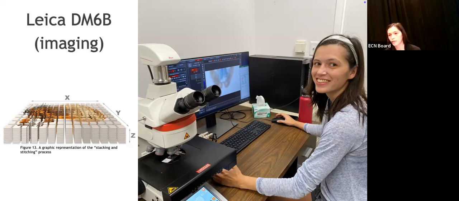And each image in the stack represents a specific focal plane of the specimen. I think the diagram to the left depicts this process really well, actually. The microscope captures multiple images across the XY plane and then stitches them together to create a seamless image. And it then repeats this process at various Z focus planes to form a complete stack.